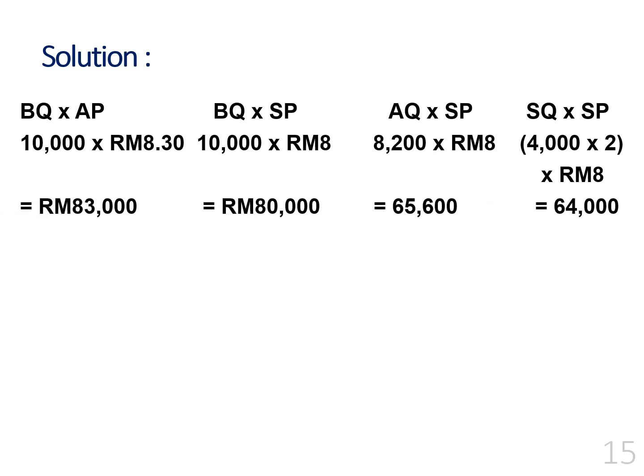So BQ times AP equals RM83,000. BQ times SP equals RM80,000. AQ times SP equals 65,600. And SQ times SP equals 64,000.